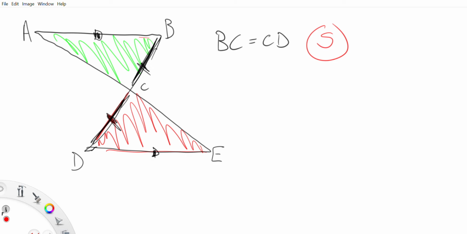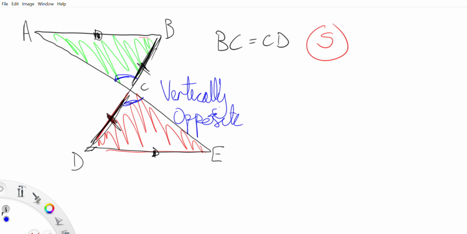We might have an angle that's the same, and we know that this one here and this one here are the same because they are what we call vertically opposite. You might remember that from year 8. Those two are vertically opposite.